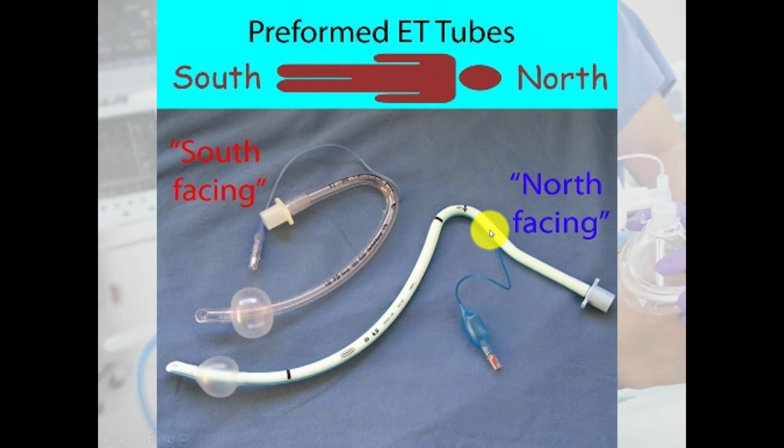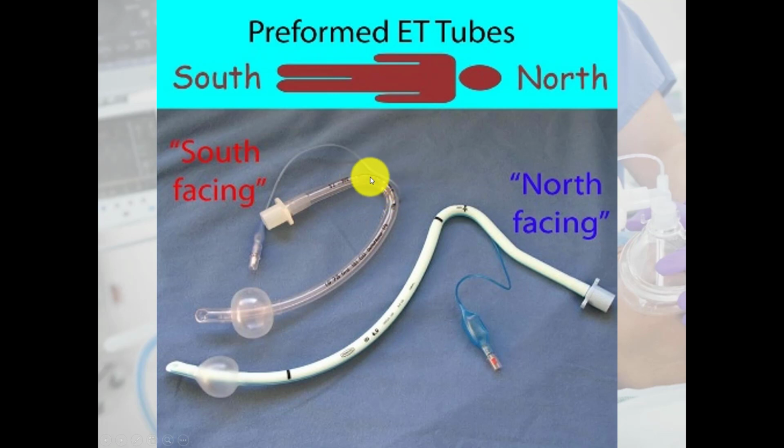Here you can see these are the preformed endotracheal tubes, and you can see these are not straight, there is a bend. So actually what happens, if sometimes for example you are doing surgery on the nose and you have passed the orotracheal tube, if you are using the regular orotracheal tube, then it will come into your way and disturb you, and if you try to push it the other way, then there will be a kink.